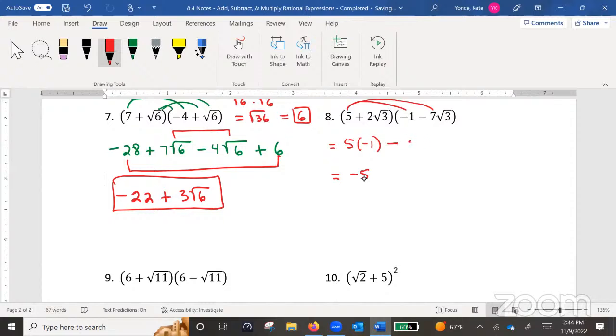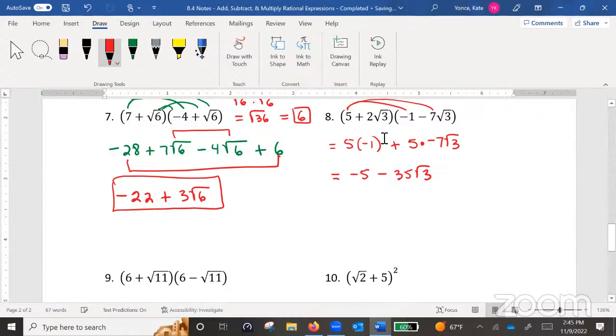We're going to multiply 5 times 7. Maybe I'll write it this way just to help you out here. It's a positive 5, so I'll put a plus. But we're going to multiply it by -7 square root of 3, right? So what is 5 times -7 square root of 3? -35 square root of 3.